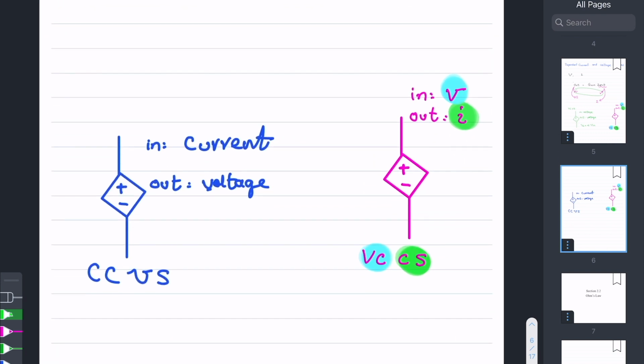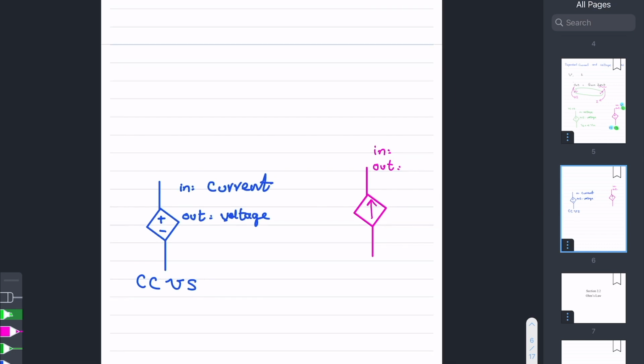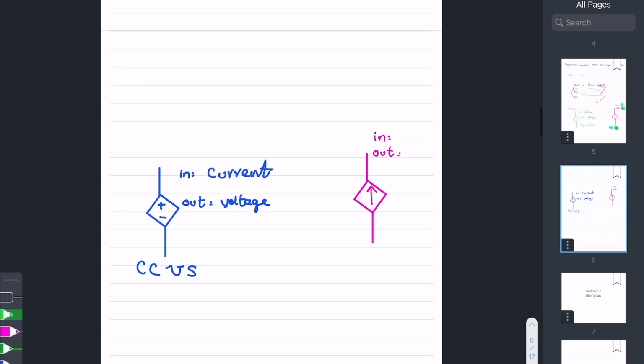Let me style this to a more conspicuous color there. On the other hand, you can also have a dependent source in which the input variable is current and the output variable is current as well. So that makes this a current controlled current source.